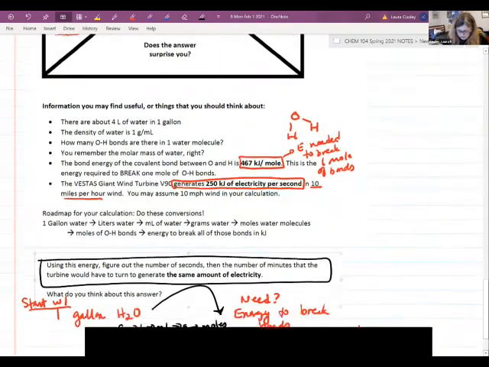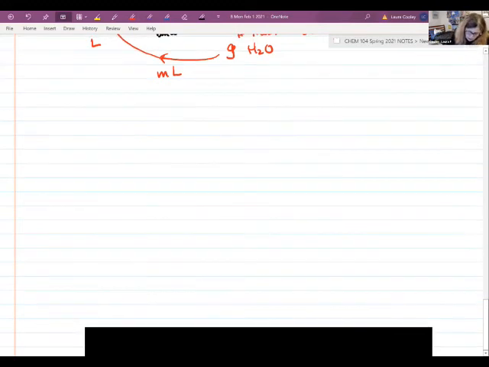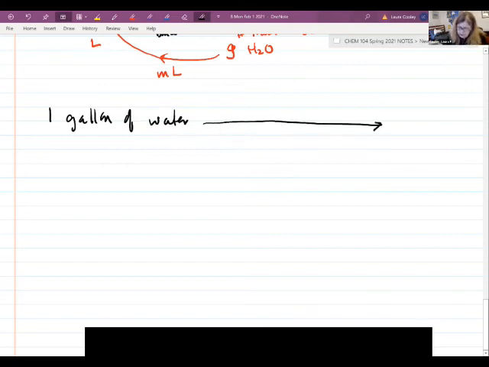So what we're doing here is we're starting with 1 gallon of water. And what we want to get to is, in a gallon of water, we have a lot of these water molecules, and to break each bond, well, we want to get to the total energy to break all the bonds.